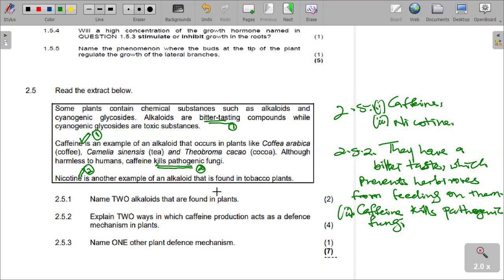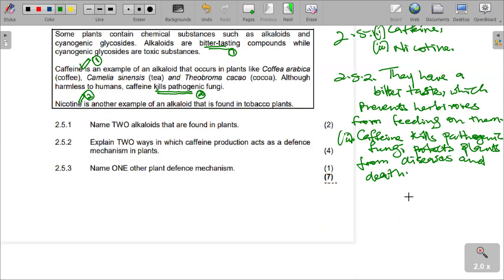Hence, this caffeine killing pathogenic fungi protects plants from diseases and eventually death.